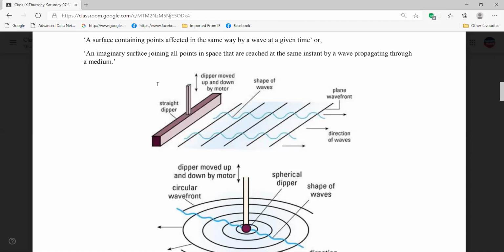Which one do you prefer, the first one or second one? The first one. Okay, so you memorize this. Can you read again the first one? Surface containing points affected in the same way by a wave at a given time.